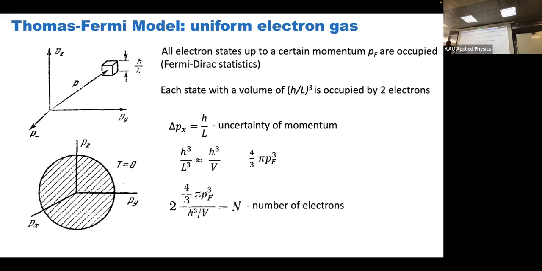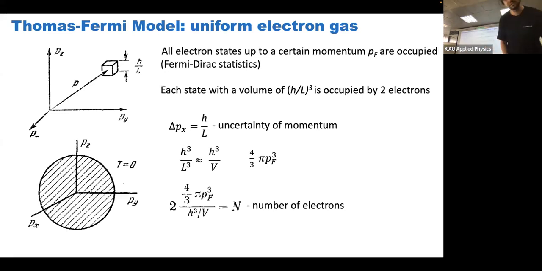We know that all the space is filled with these states. We know the volume of the state. We can calculate it to the power of 3. And then we can divide this volume by this small volume, and multiply by 2, because we have 2 electrons in each state. And then we get the number of electrons.